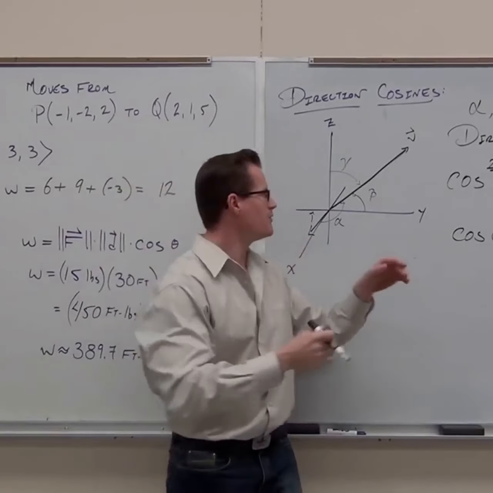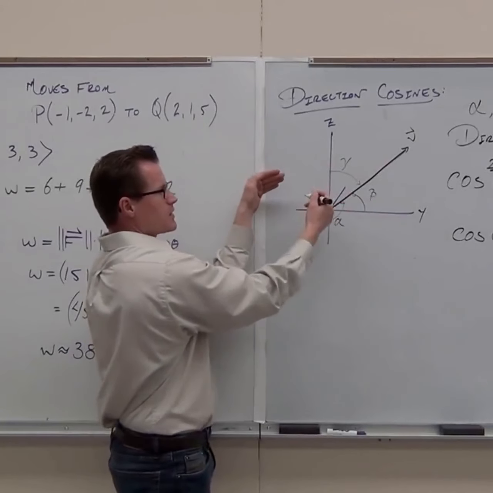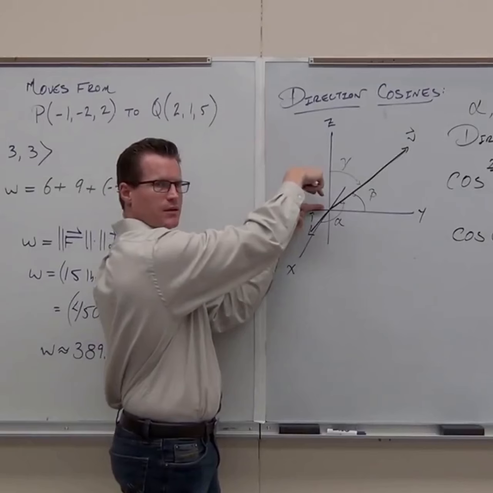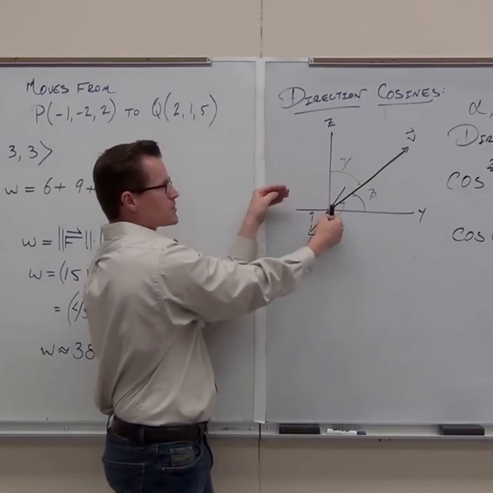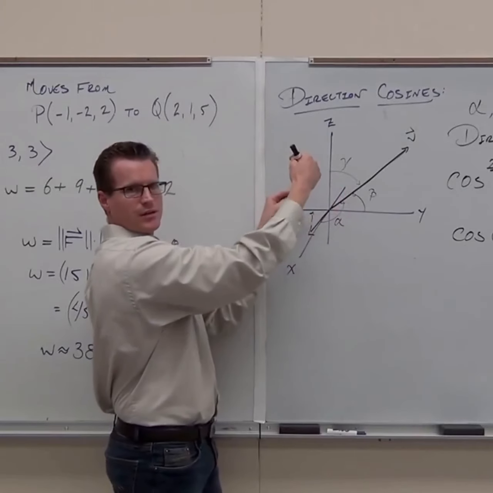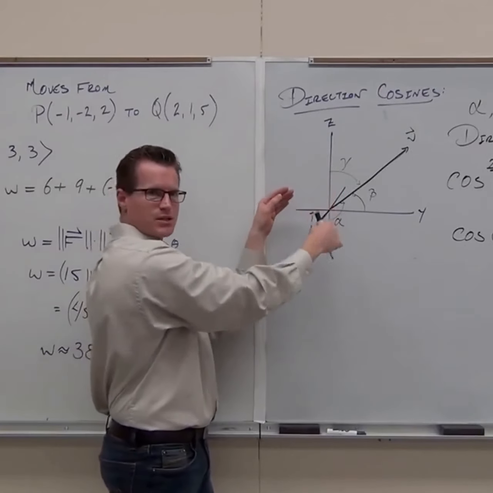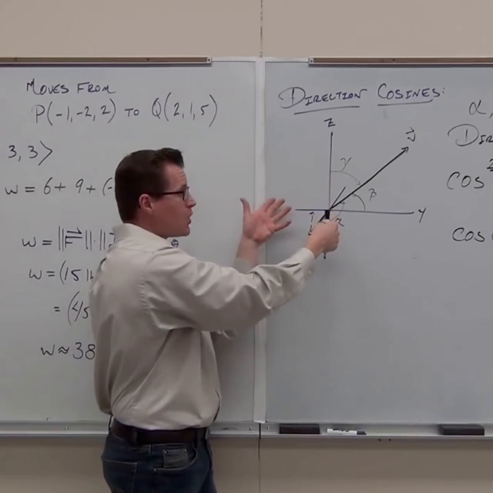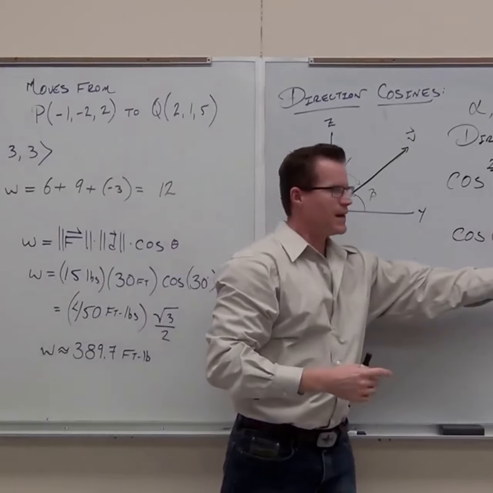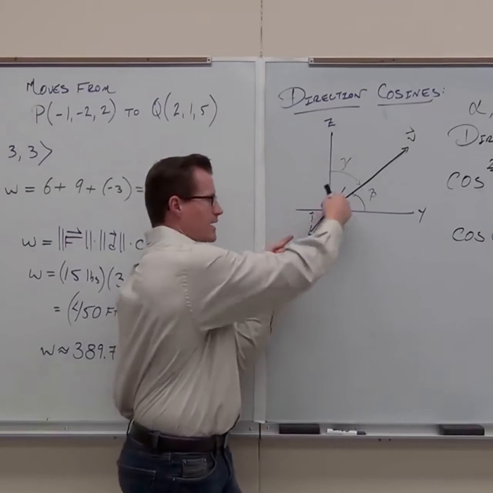If this vector's coming up like this, the magnitude of the vector is the length here. Drop a perpendicular. Cosine of the angle takes hypotenuse over adjacent. Oh, sorry, I had that backwards. Adjacent over hypotenuse. If you solve it for that cosine, that's what this is. Look at the adjacent. The adjacent is the x component.